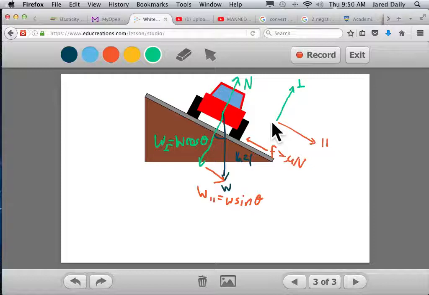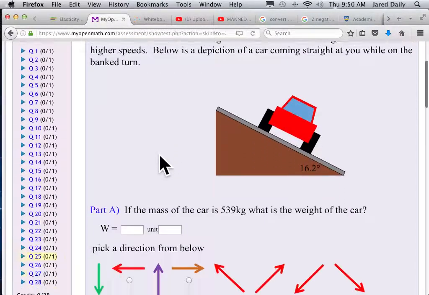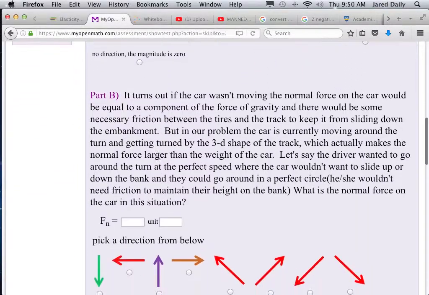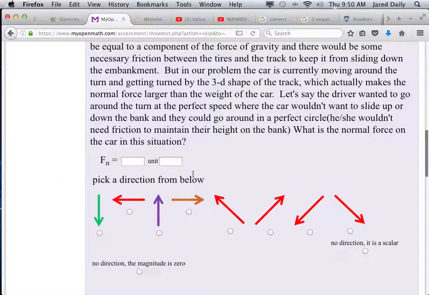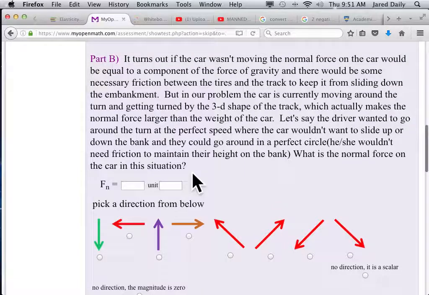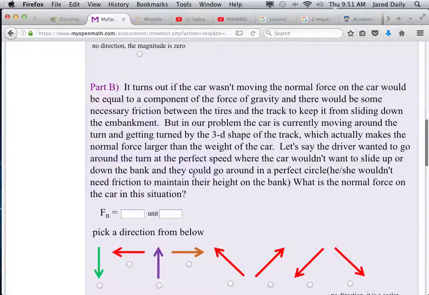The difference in this problem is that one of the questions they ask is right here. Very long. Yeah, we got a long problem here that says, it turns out if the car wasn't moving, the normal force would be equal to the component force of gravity, and there would be some necessary friction to the tires of the track, right?